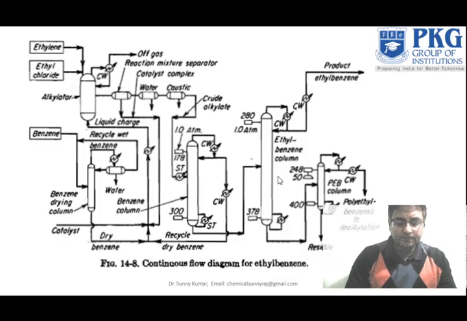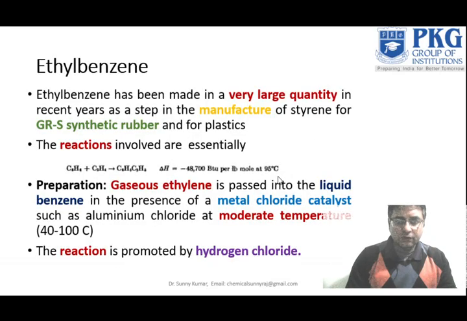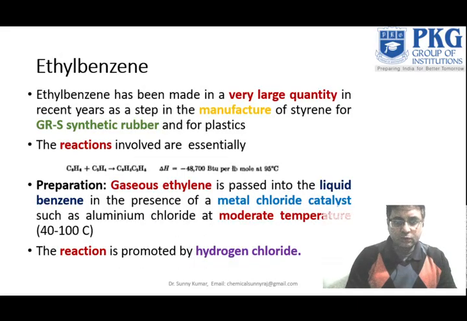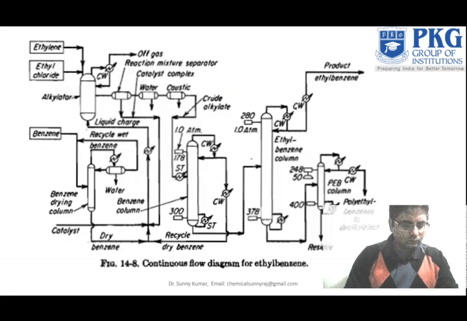This is the flow sheet for ethylbenzene, which we are producing using ethylene and benzene. Ethylene and ethyl chloride enter here. This is the alkylator; from the top you get the off gases, and from the bottom the liquid charge. This is the reaction mixture separator, with water and caustic soda.